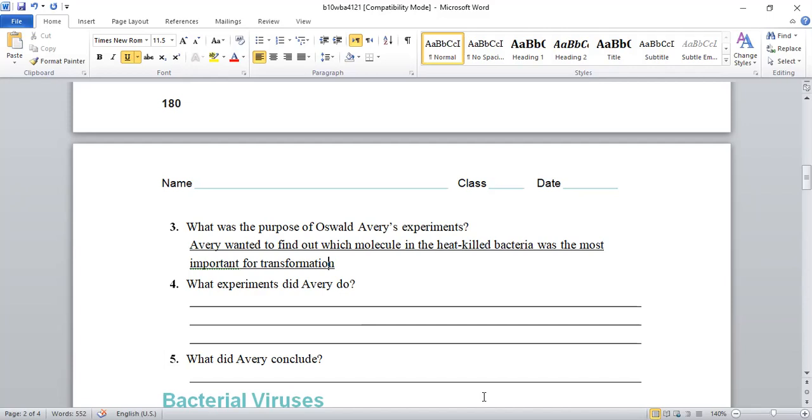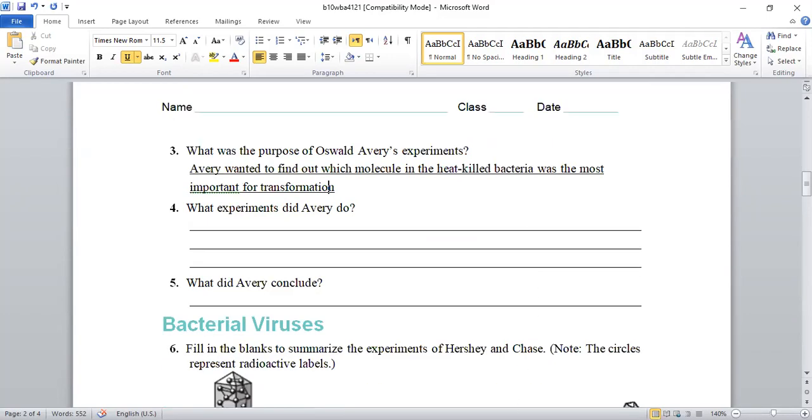Great, exactly. So he destroyed every single substance in the bacteria except for the DNA, and yet the transformation continued to happen. And when we destroyed the DNA alone and everything else was still there, the transformation didn't happen. Thank you. So he used enzymes that destroyed everything except for the DNA, and the transformation continued to happen.